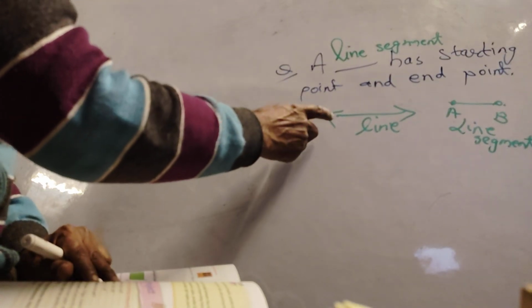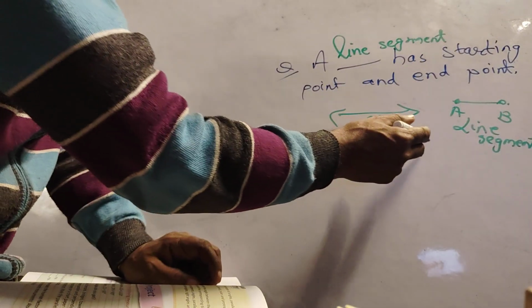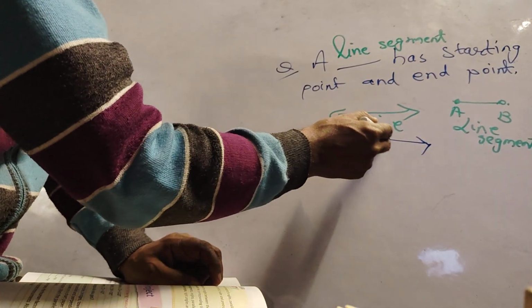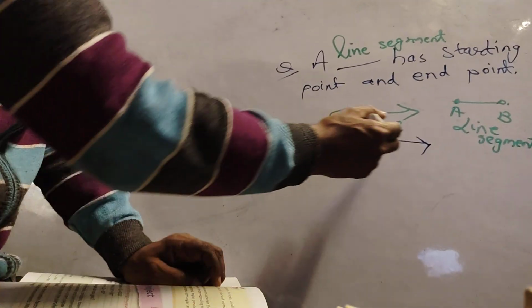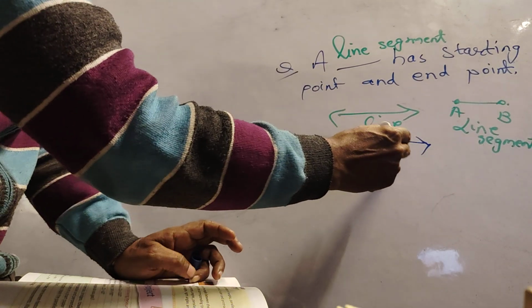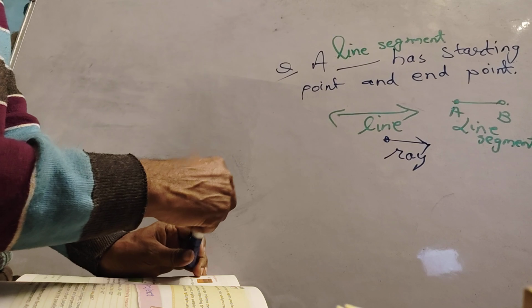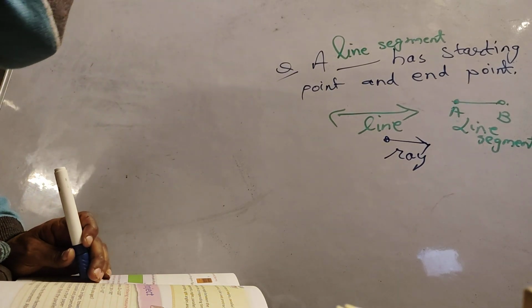A line has no ending point in both directions, and if there is an ending point in only one direction, it is called a ray. So line, line segment and ray are three different things.